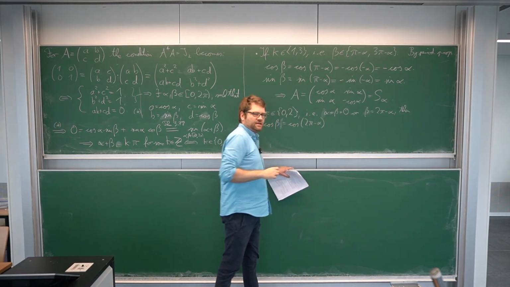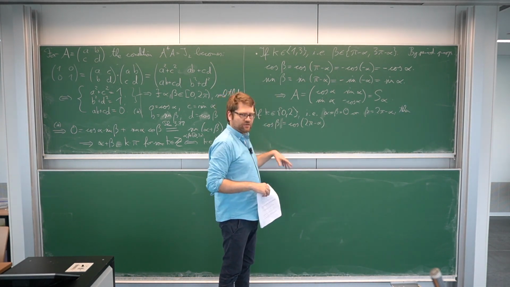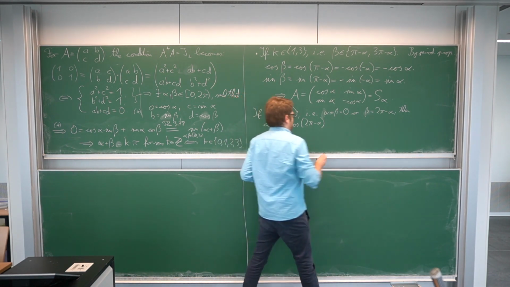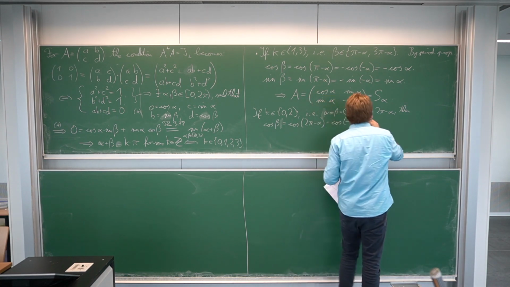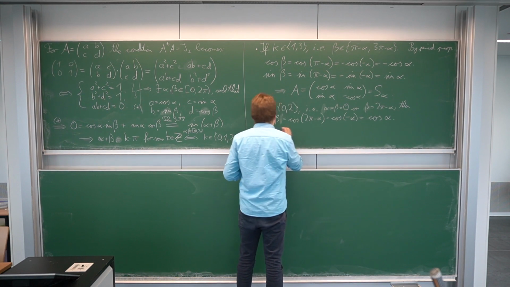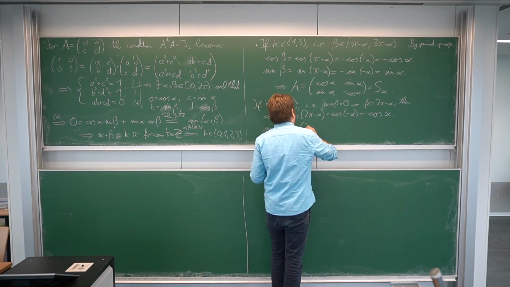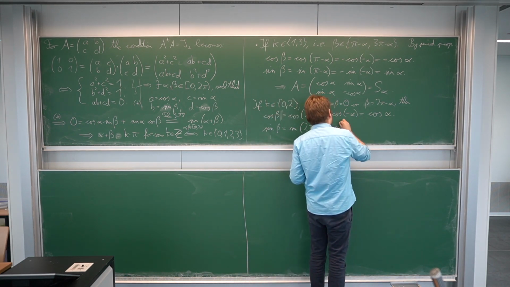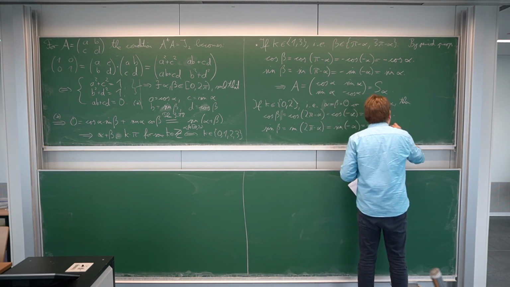Shifting by 2 pi doesn't change anything, so this is cosine of minus alpha, which is the same as the cosine of alpha. And the sine of beta is the sine of 2 pi minus alpha, so we forget about the shift, so this is sine of minus alpha, which is minus the sine of alpha.